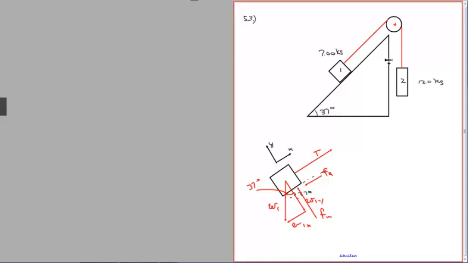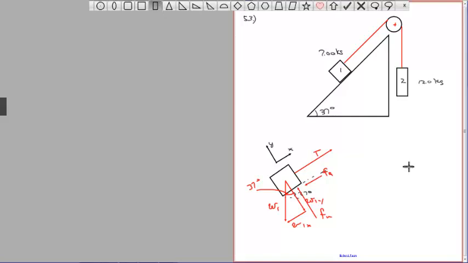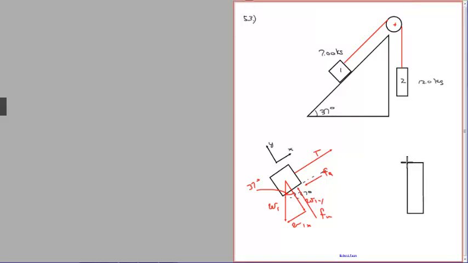And then we take the second element, which is this thing, and we have a lot less involved in that. We have a tension pulling up, which is the same as this tension, because the pulley transfers the tension between the two sides. And we have the weight pulling down, so W2 here.